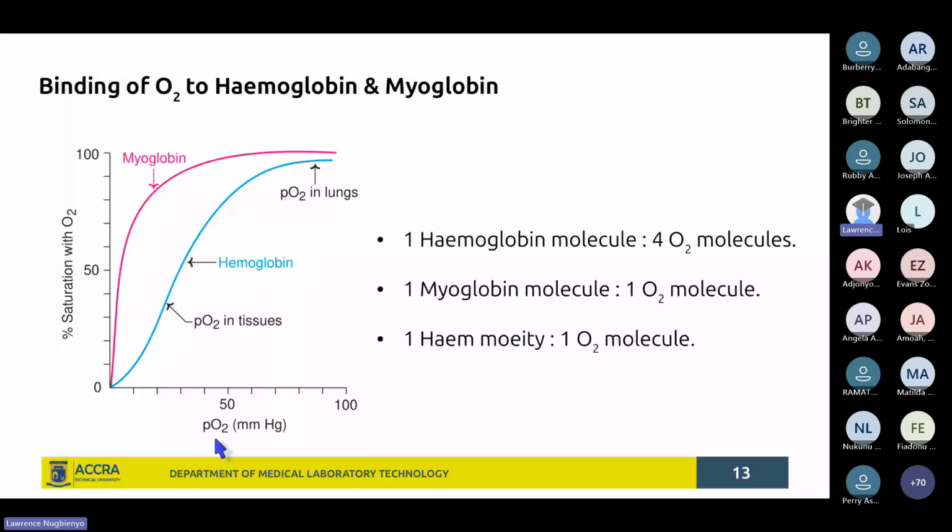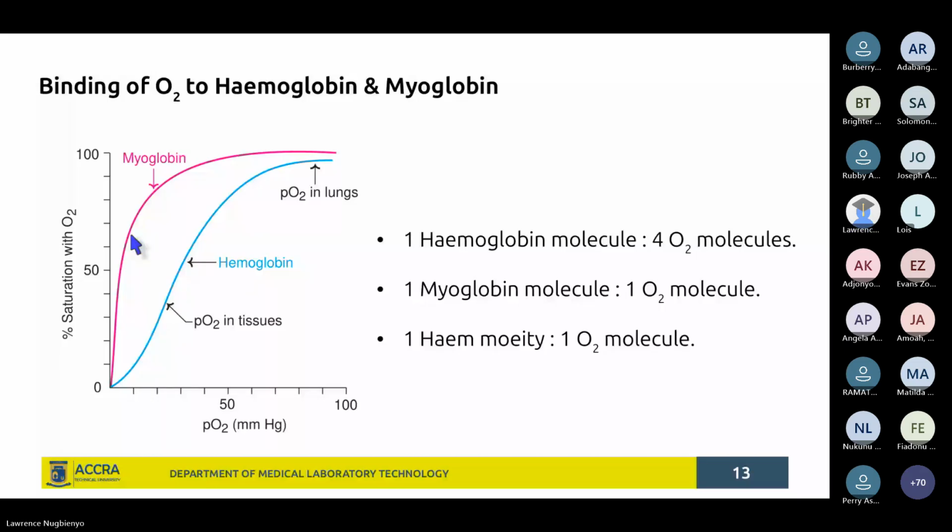Now, myoglobin takes only one, and that is it. So if you look at these two oxygen dissociation curves, you realize that at low partial pressure of oxygen, myoglobin has already gotten saturated.